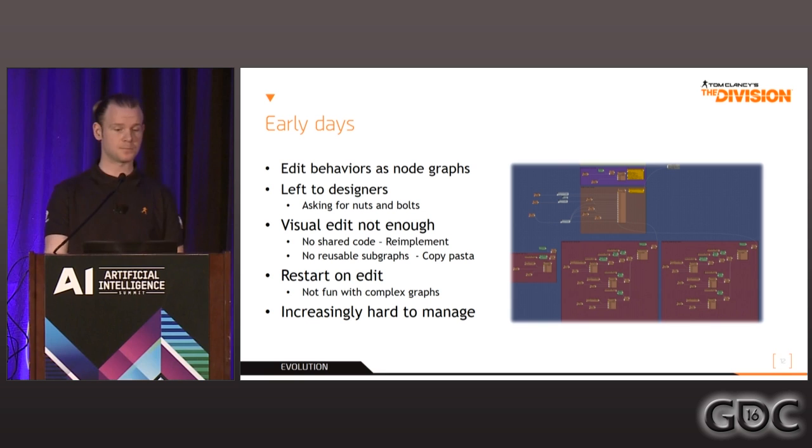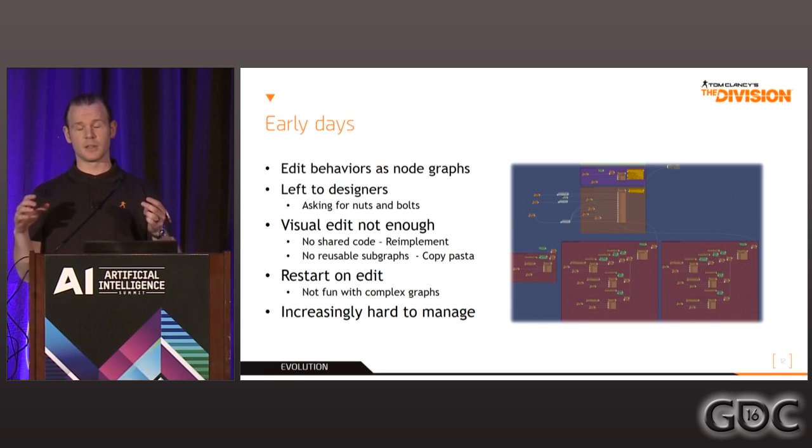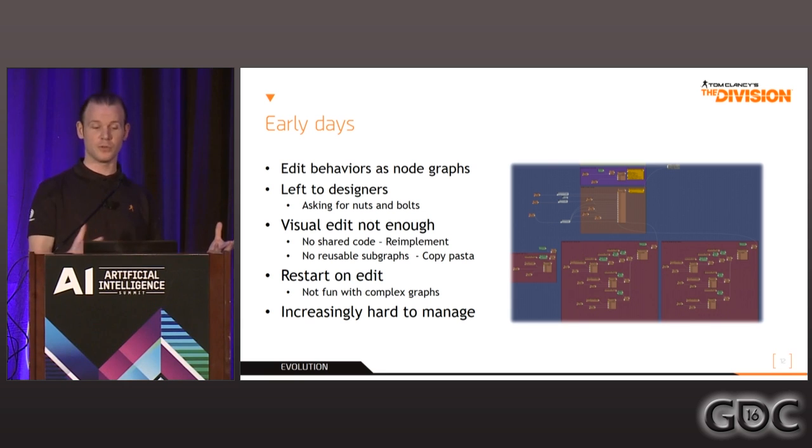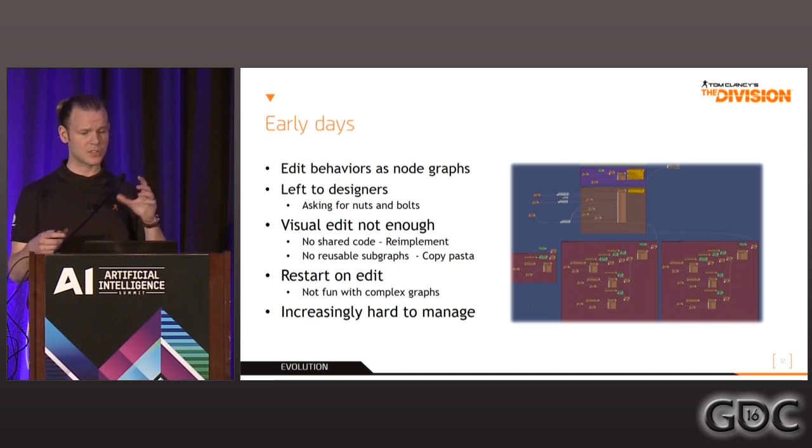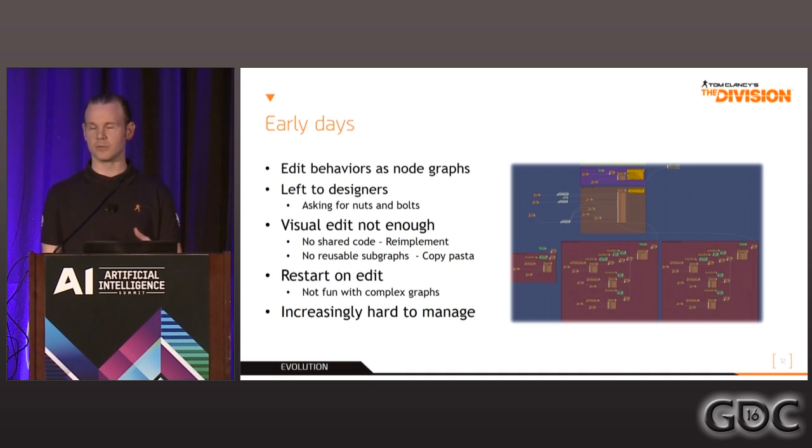So the first thing we did was to create just an editor view for behaviors that looks similar to the node graphs, and then just left it to the designers. They would go do some things, and whenever they were running into problems, they would ask us for just the small nuts and bolts to make it work. This system did not share anything really with the other visual scripting that we had.